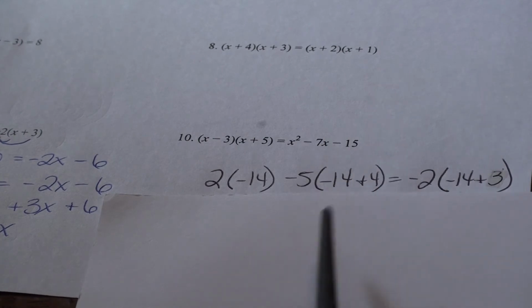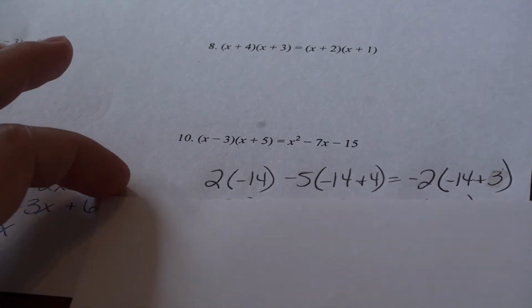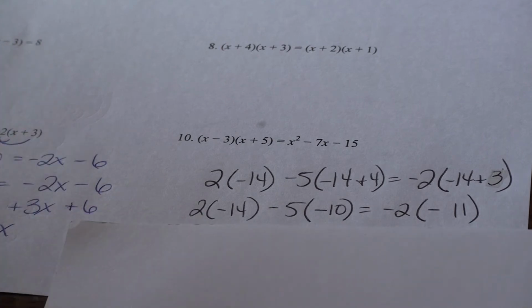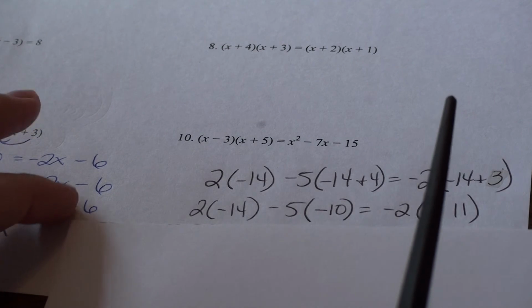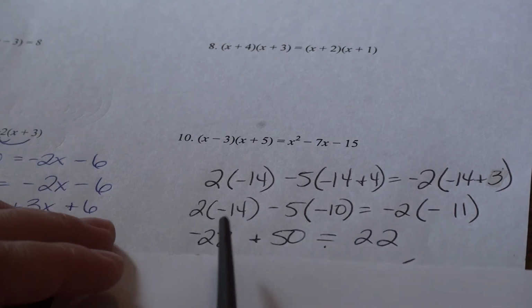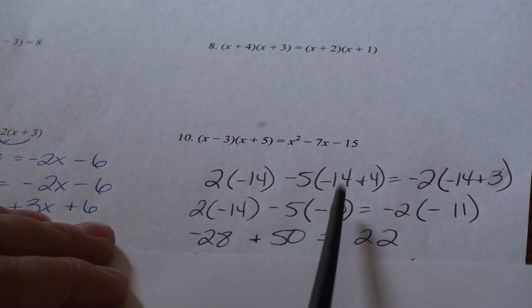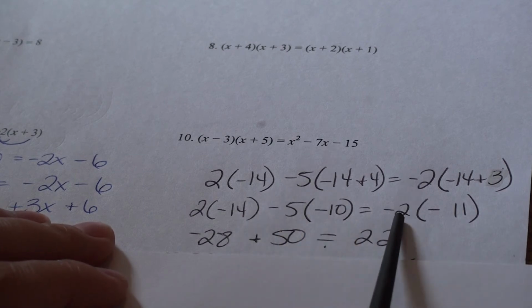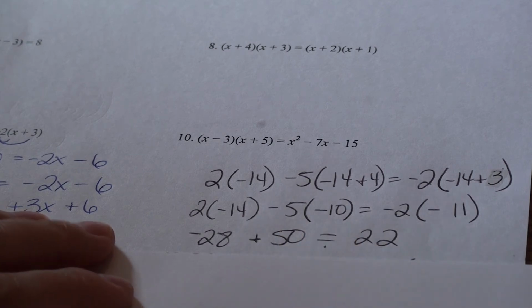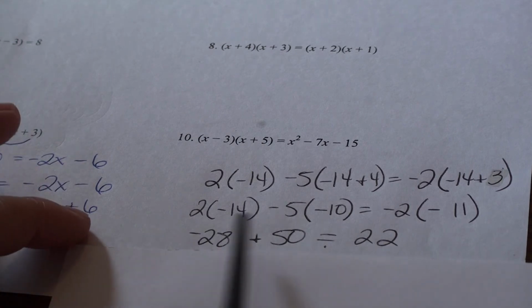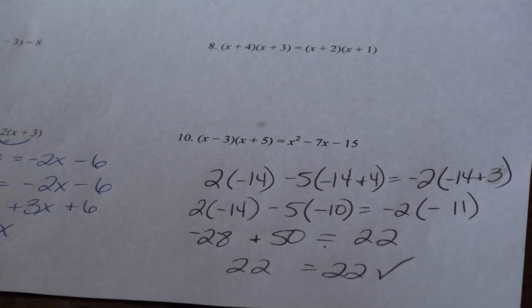Negative 14 plus 4 is negative 10, and negative 14 plus 3 is negative 11. Next, we're going to do some multiplication. 2 times negative 14 is negative 28. Negative 5 times negative 10 becomes a positive 50 because it's a negative times a negative. Negative 2 times negative 11 is 22. When you add negative 28 plus 50, you get 22 is equal to 22, which means that you have the correct answer.